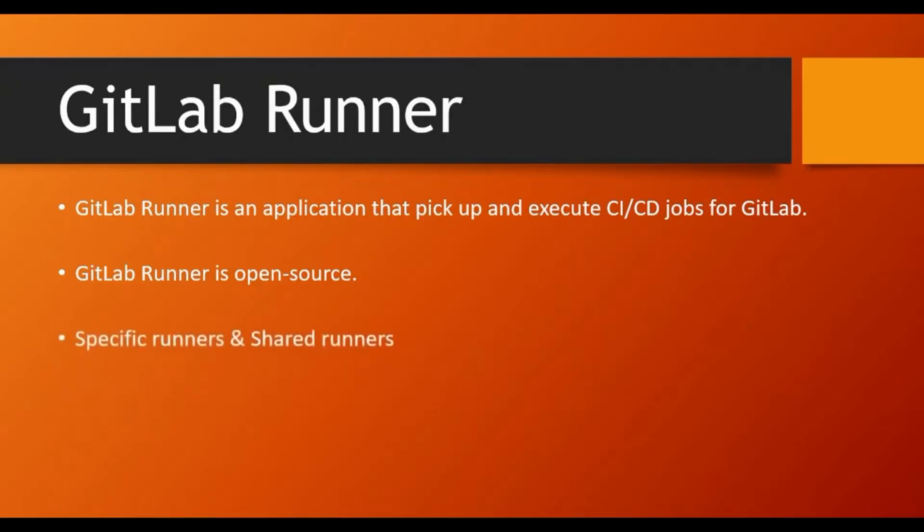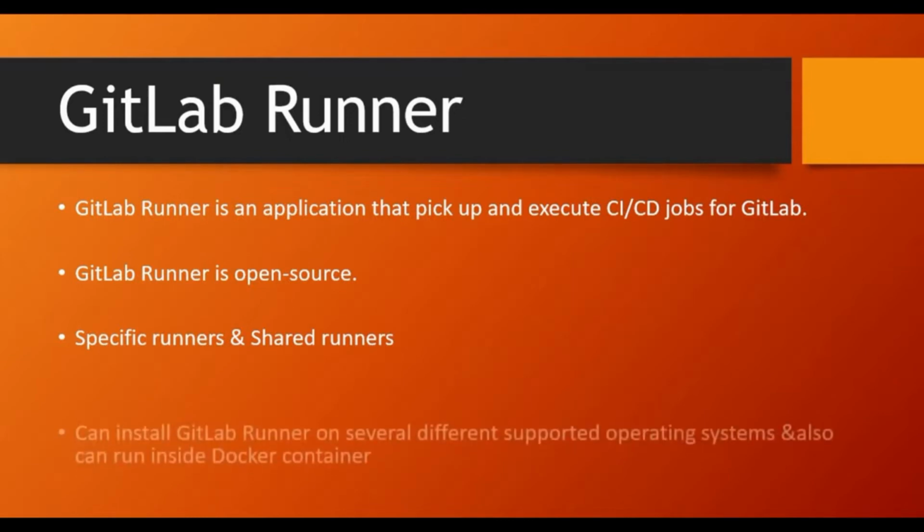There are two types of runners. One is a specific runner, which we can configure specifically for a project, and there are also shared runners which come along with GitLab. There are some restrictions, which we will talk about when we cover shared runners.